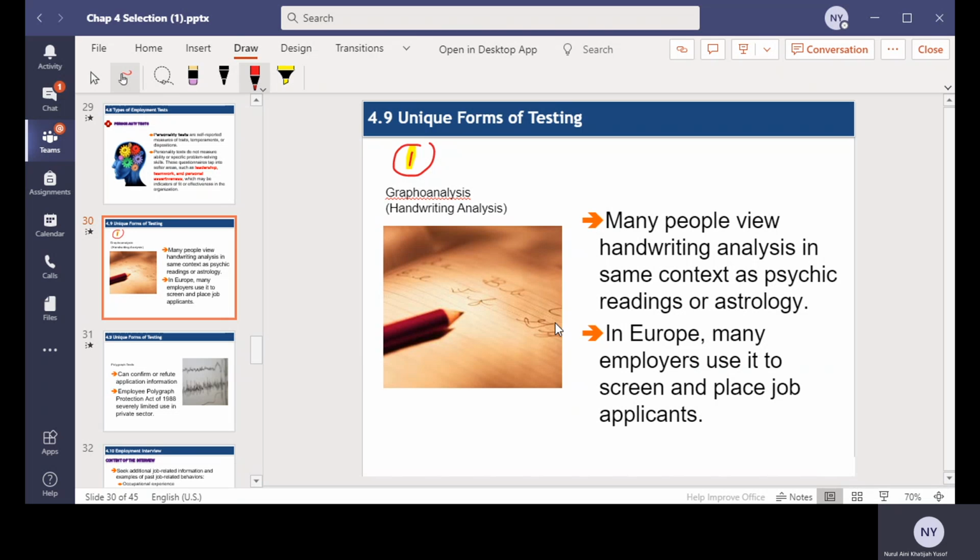But again, I would say this also depends, because it depends on your emotions as well. If today you have a very good emotion, your handwriting tends to be neat, maybe straight, or a bit to the right or a bit to the left. So that is another method that companies can use to check personality.